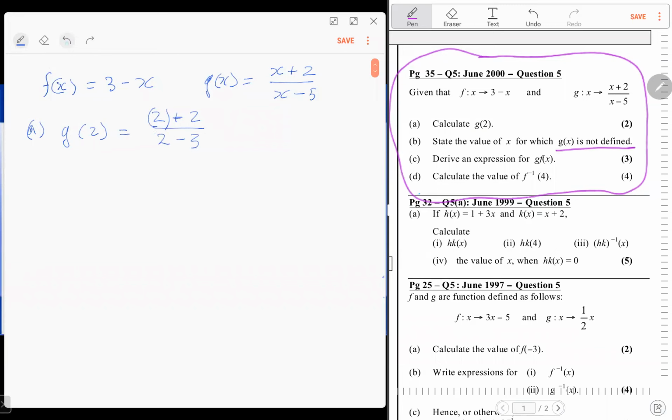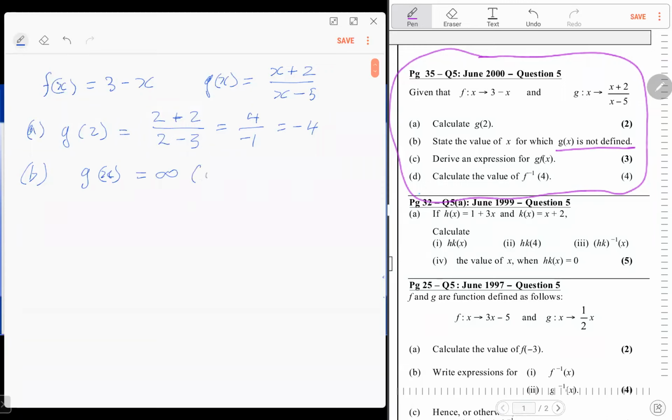All right, starting nice and easy. So this becomes 4 divided by negative 1, which is negative 4. Good. Then part B now. Part B says we have to state the value of x for which g of x is undefined. So that means g of x is equal to infinity. That's a way of writing that it is undefined.